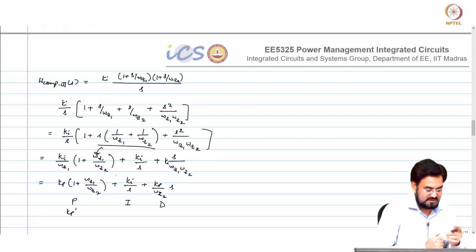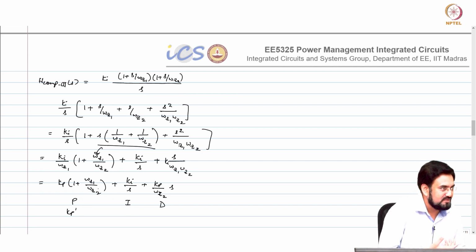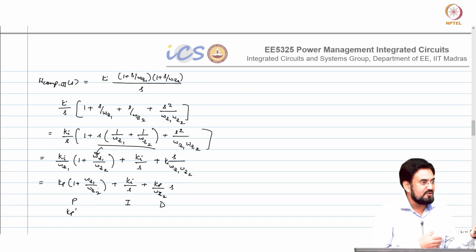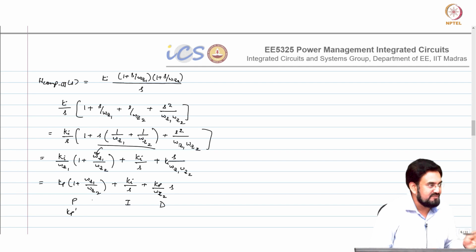So let us say omega Z1 is 1/10 of omega Z2. Okay, so it will be 1.1, no difference, but we are considering omega Z2 at resonance, the other one half, so you will get a 0.5 factor here. So your Kp which you may require in, let us say, Pi 4 or so, here it will become 1.5 times of that.